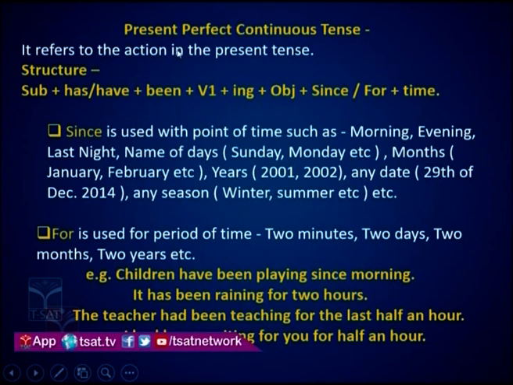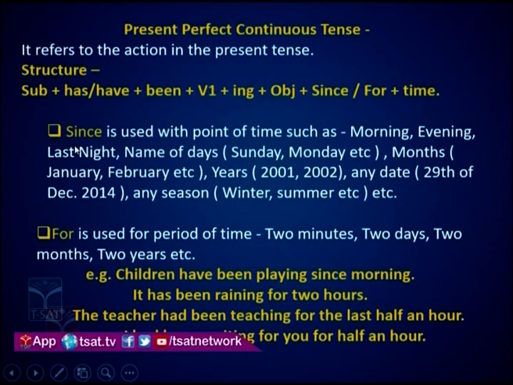It refers to action in the present tense. The structure is subject plus has or have plus been plus V1 plus ing plus object. We use since or for plus time.